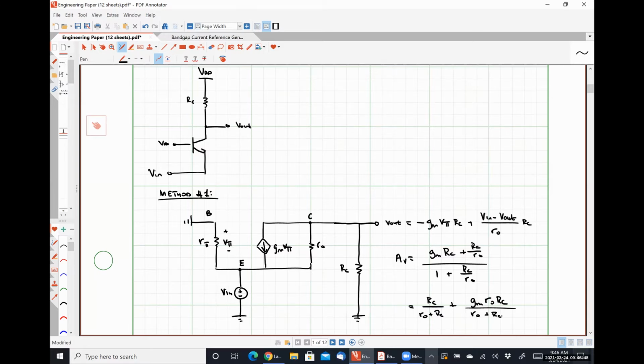And if we were to neglect the early effect, this would simplify to positive GM RC, which is exactly what we would expect for a common base amplifier.